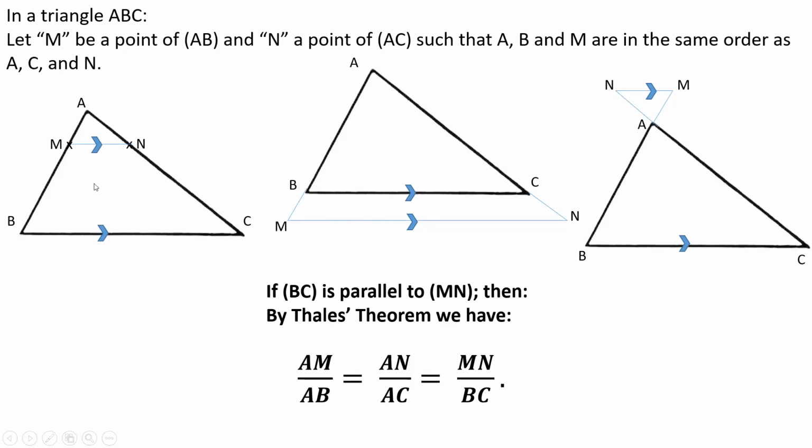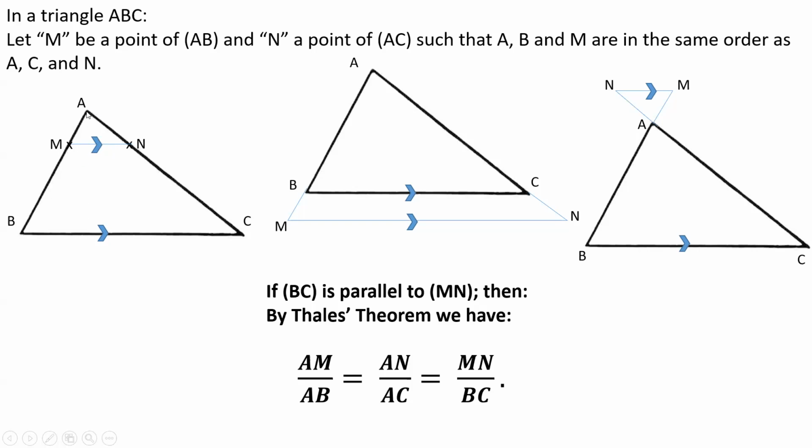How do we apply it? Look at the parallel lines. Line MN and line BC are parallel. Which vertex of the triangle is opposite to the two parallel lines? It's vertex A. A is facing MN and A is facing BC.